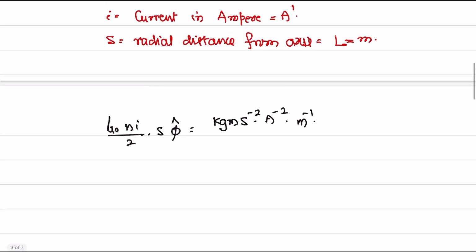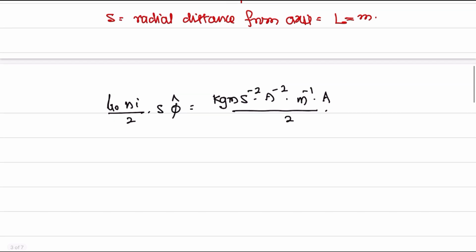I is ampere divided by 2. 2 does not have any dimensions. And s is the radial distance L, that is meter. When you combine all these things, the meter per meter and meter go off.